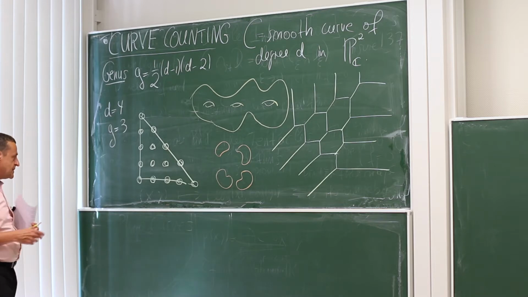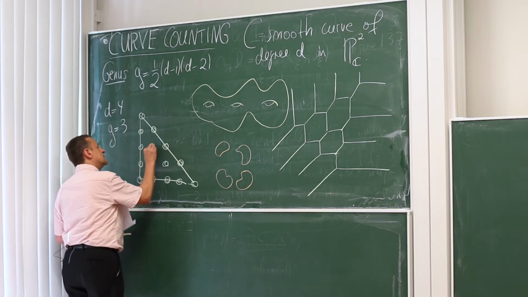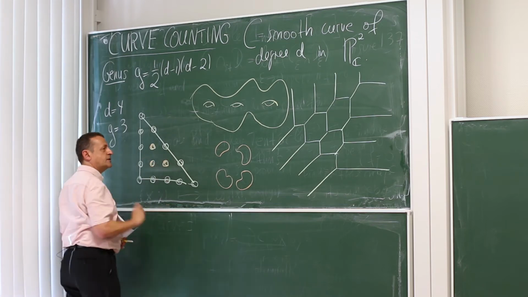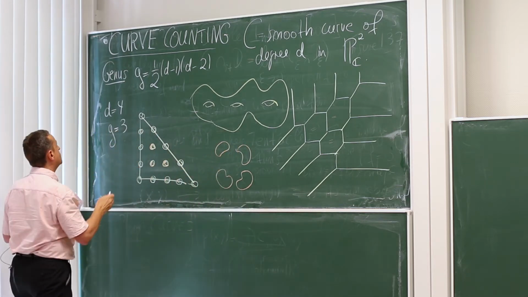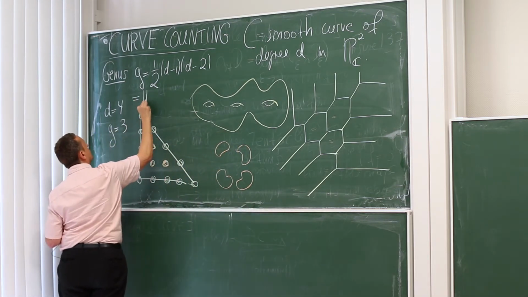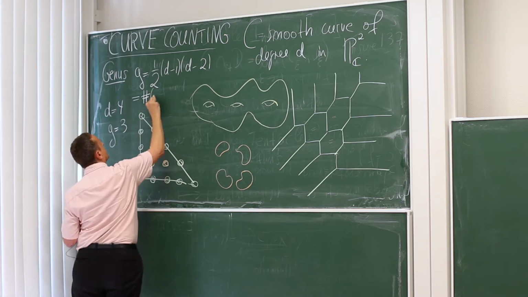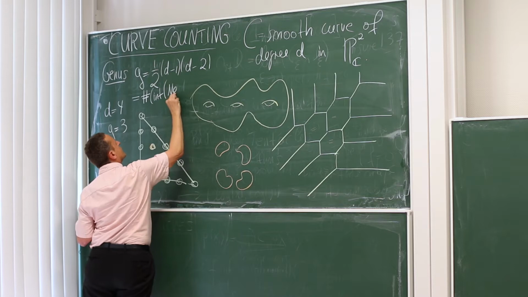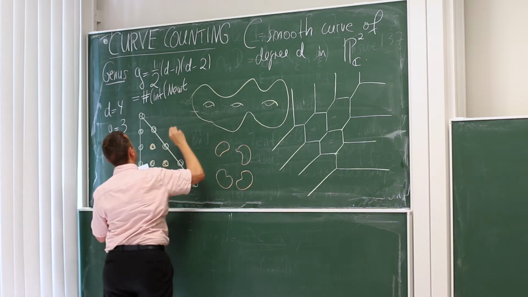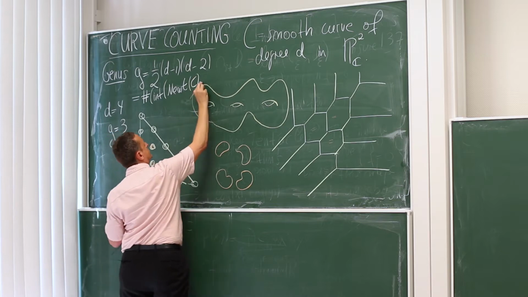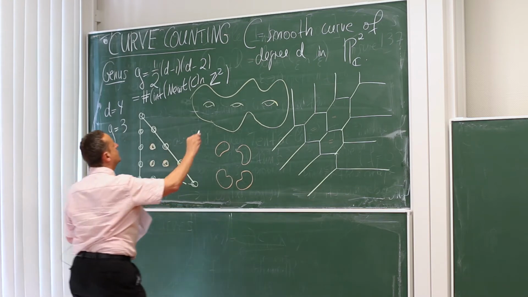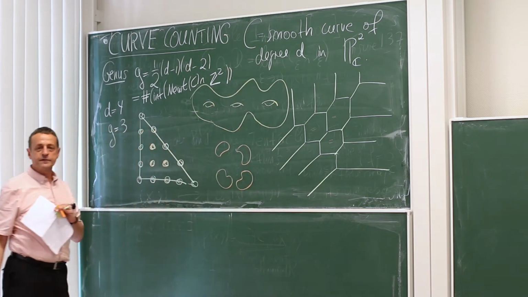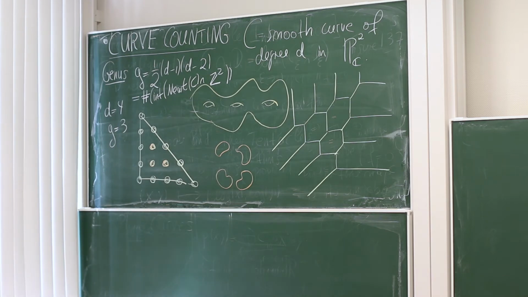Now what I want you to notice is that the genus is the number of interior lattice points, corresponding to these cycles. So let's record. This is also the number of lattice points in the interior of the Newton polygon of the curve. I'm taking lattice points, so these are points in Z^2. So the genus is the number of interior lattice points in the polygon.